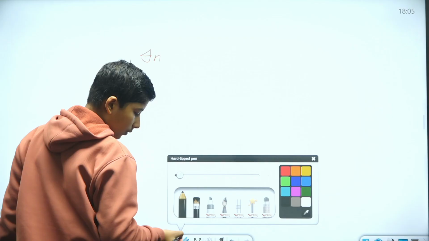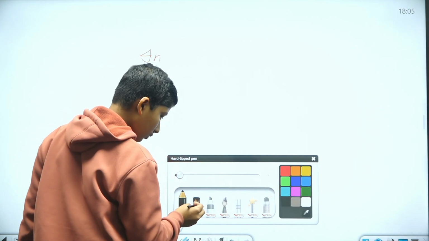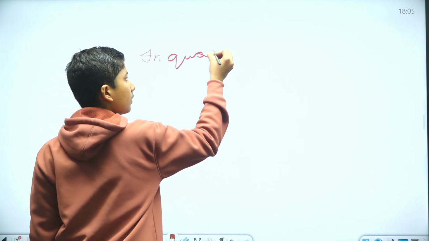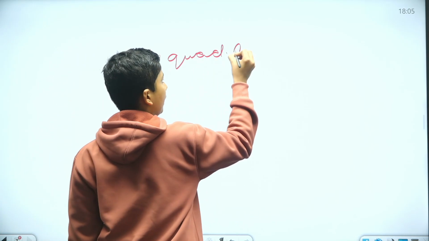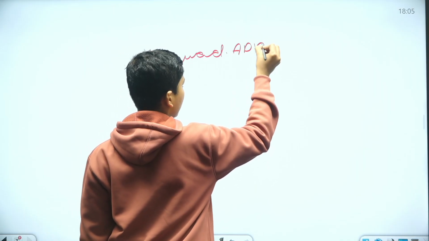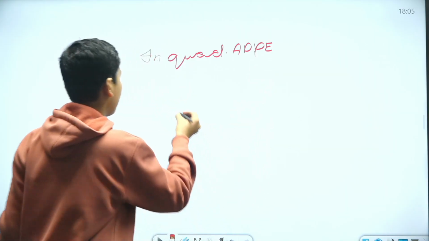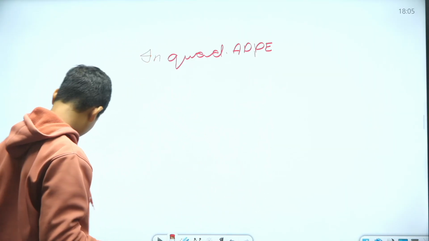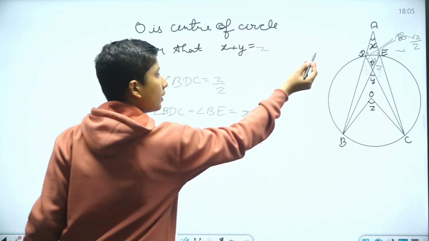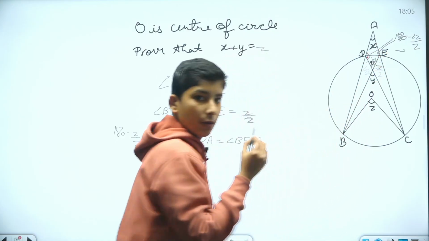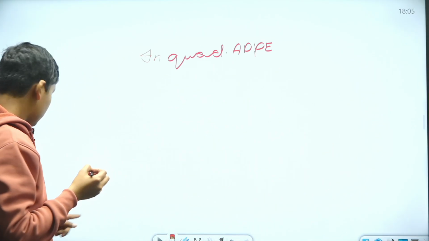In quadrilateral ADPE, this angle plus this plus this plus this equal to 360 degree.